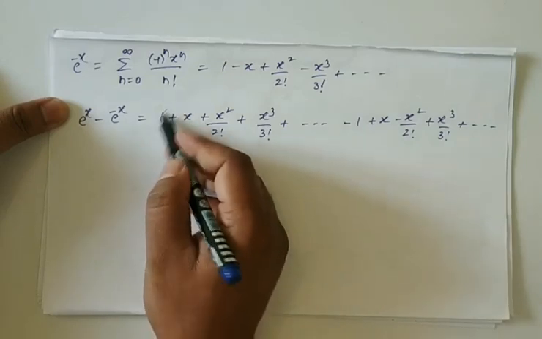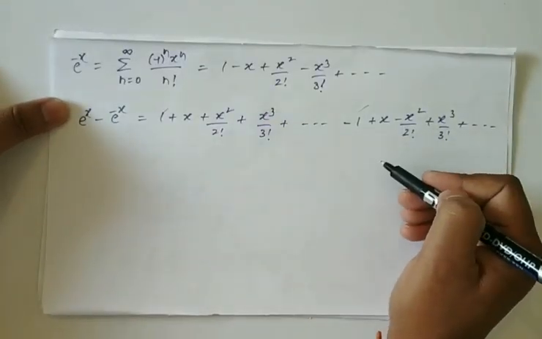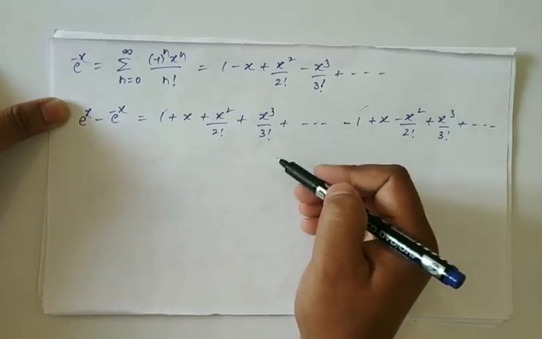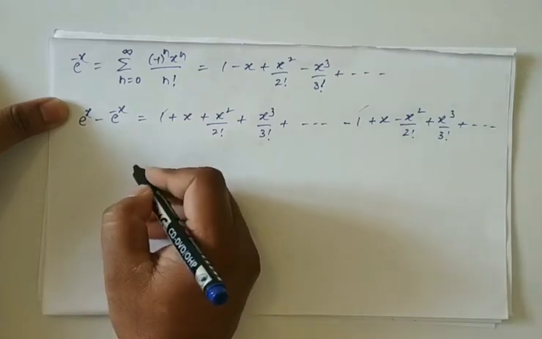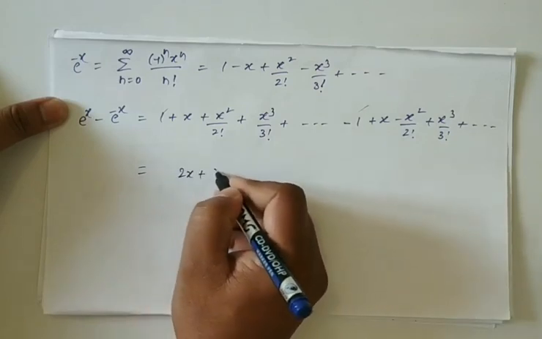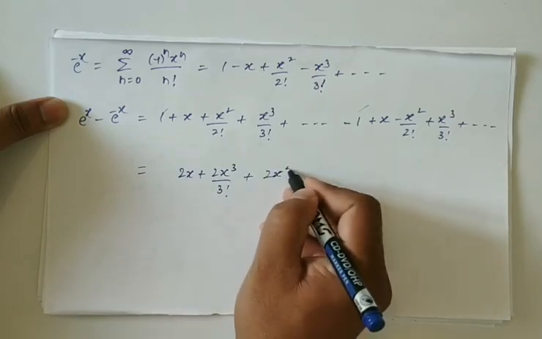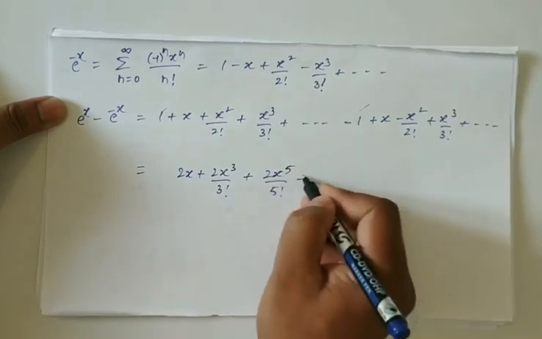So here 1 and minus 1 get cancelled, x square by 2 factorial cancels, next x power 4 by 4 factorial cancels. Finally we get 2x plus 2x cube by 3 factorial, next term 2x power 5 by 5 factorial, plus so on.